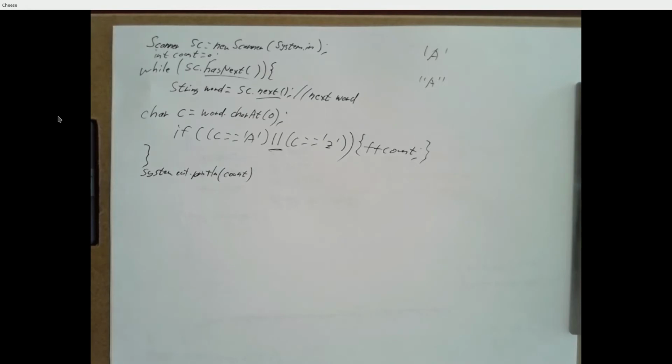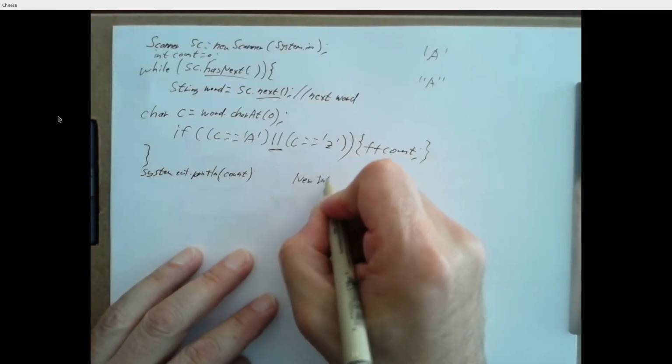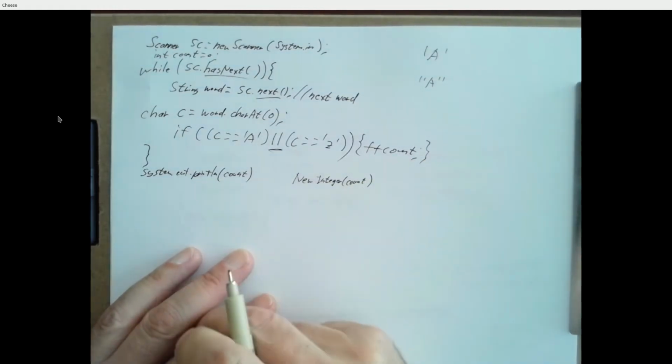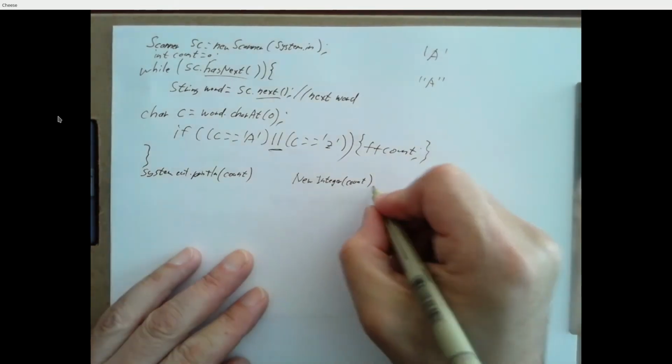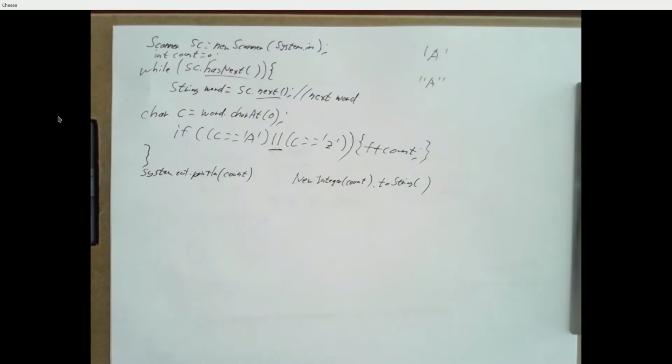Okay, I think I saw one case where somebody did new Integer of count to construct an integer whose value is equal to count, and then called the toString method and passed that to println. That works, but it is very, very needless, right?